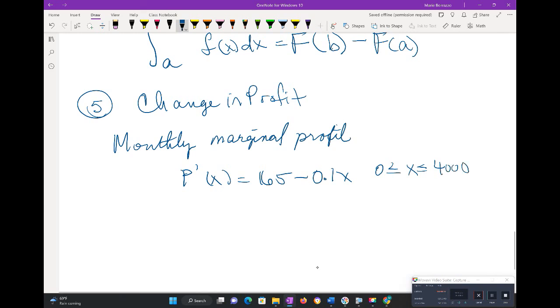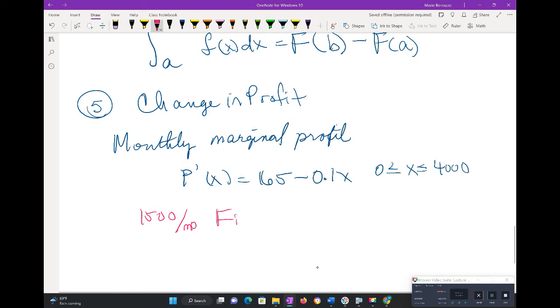It then says the company is currently manufacturing 1,500 TVs per month, but it is planning to increase production. They want to find the rate of change.